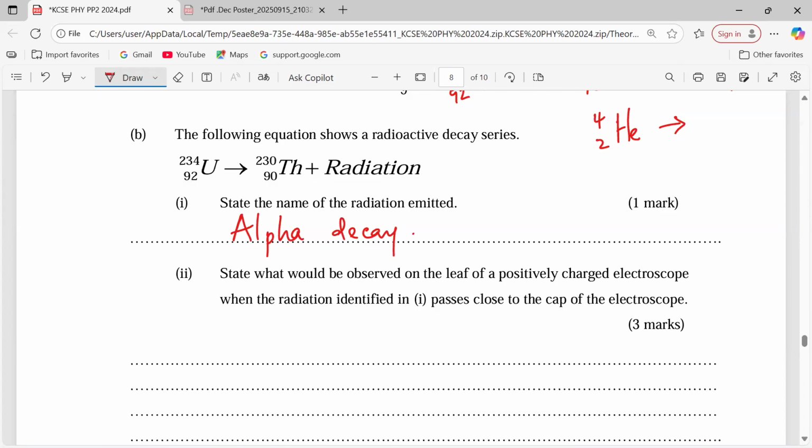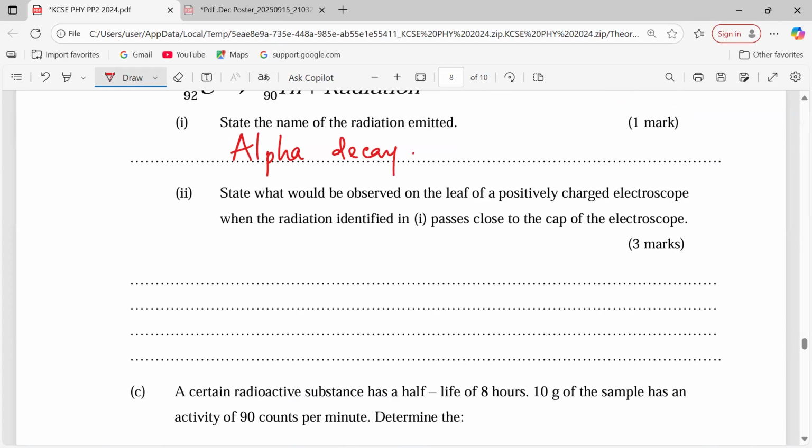Look at Roman 2 of this, whereby we are told to state what would be observed on the leaf of a positively charged electroscope when the radiation identified in one passes close to the cap of the electroscope.